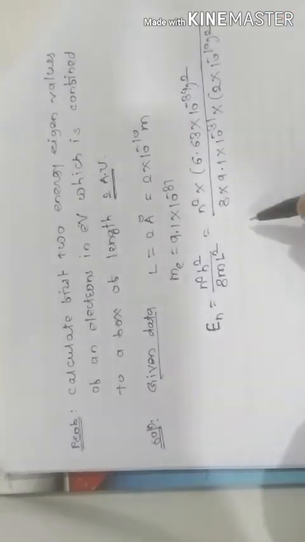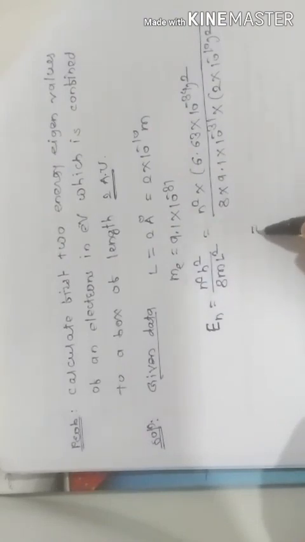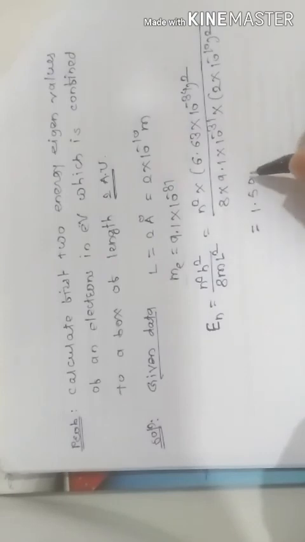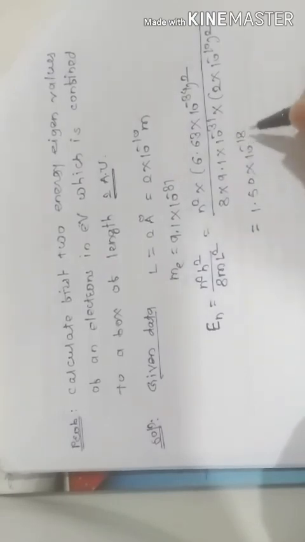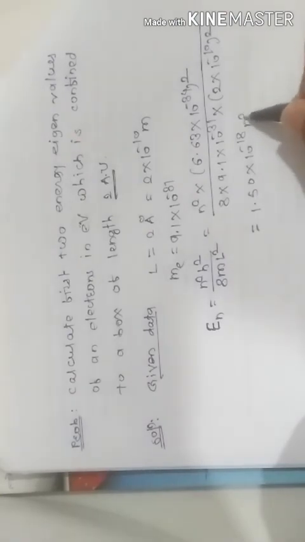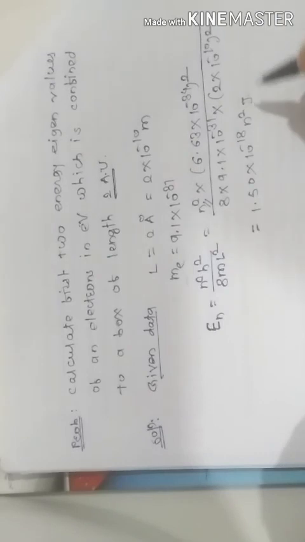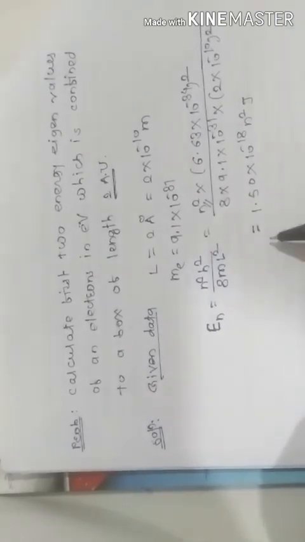When you do this calculation, it is simply 1.5 into 10 raised to minus 18, n squared as it is. This value comes in joules.